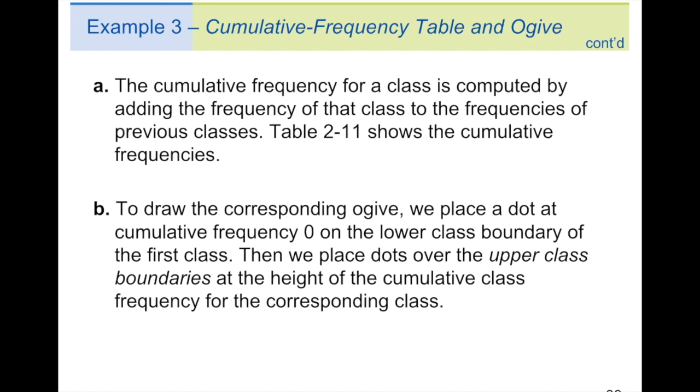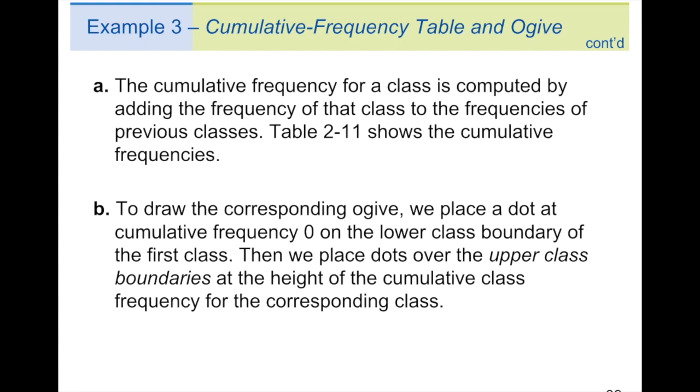So, part A, the cumulative frequency for a class is computed by adding the frequency of that class to frequencies of previous classes. To draw the corresponding ogive, we place a dot at the cumulative frequency 0 on the lower class boundary of the first class.